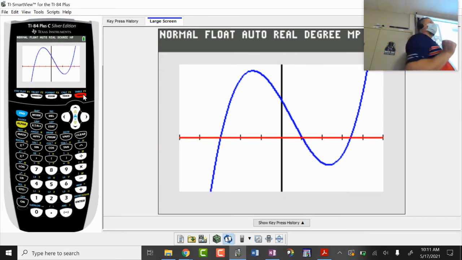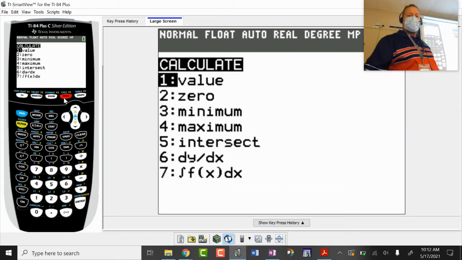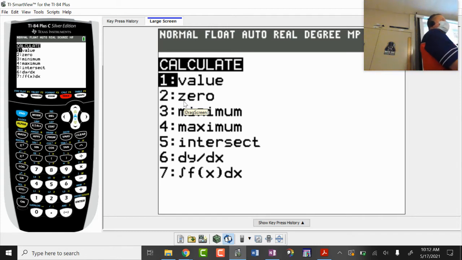So watch how my graphing calculator shows that. And now you better get used to this menu next year. One of the most popular menus is second trace, which is calculate. Now I know that this calculate feature has zero there. I just don't like how the calculator does it. If you want to play with it later, they ask for a left bound, a right bound, a guess, and it's just kind of like a convoluted process.